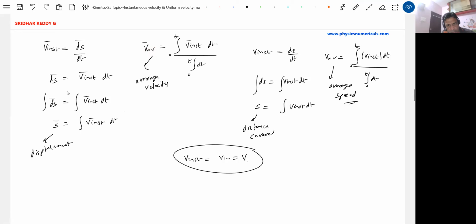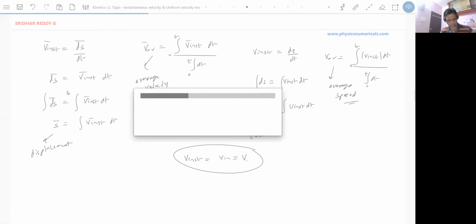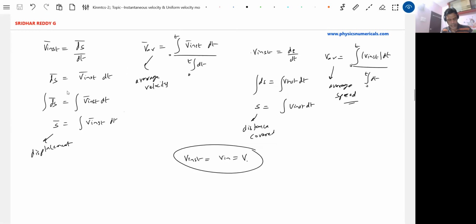So gradually we just write only V, so it is understood to be instantaneous velocity or instant speed. Some books write V in, some indicate INST. So rate of change of displacement will give instant velocity, and rate of change of position will give the distance. So if you know one quantity, we can predict the remaining quantities also.